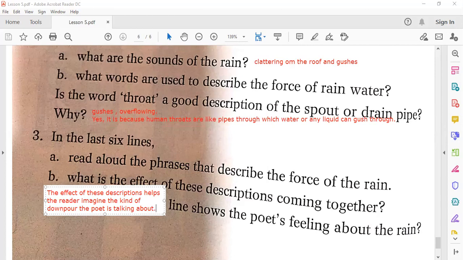It is talking about welcome. Welcome. This is the answer for the last B question.